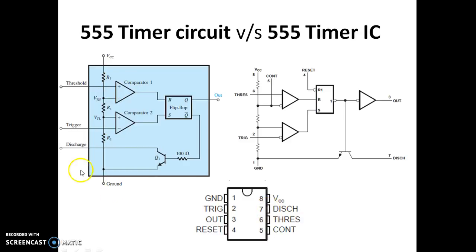We have a discharge pin to which the transistor collector is connected, and we have a VCC, which supplies the resistors and the remaining voltages required for the flip-flop. So we have this 8-pin DIP IC, that is dual in-line package IC. One is ground, 2 is trigger pin, 3 is the output, 4 is reset. Similarly, 5 is the control voltage, 6 is threshold, 7 is discharge, and 8 is VCC.